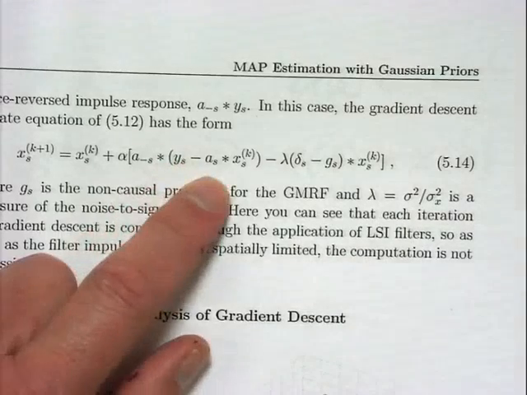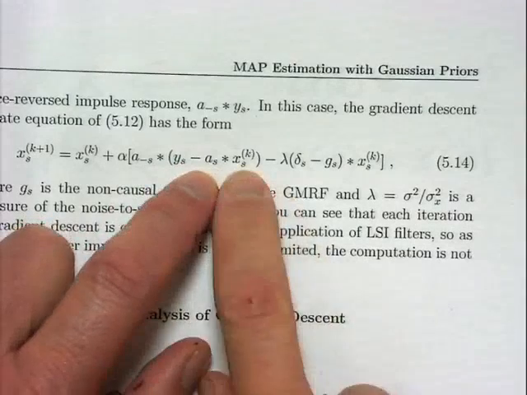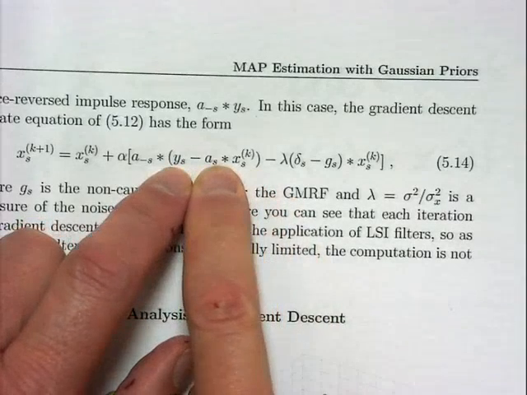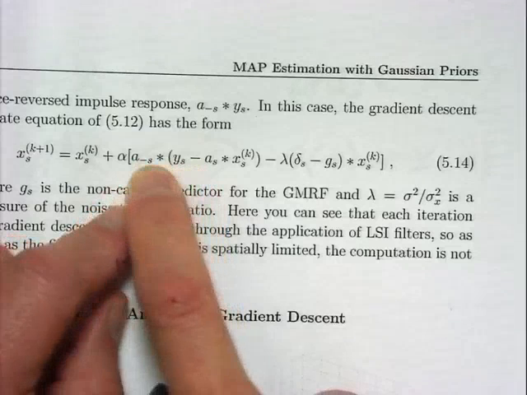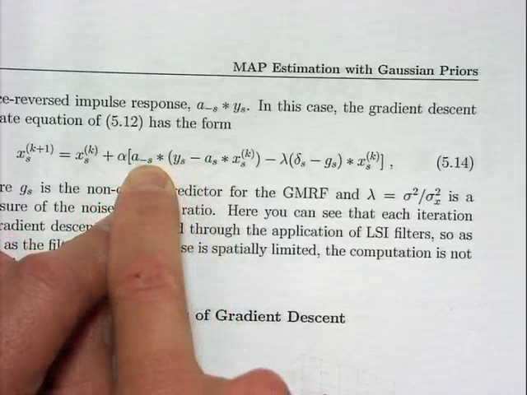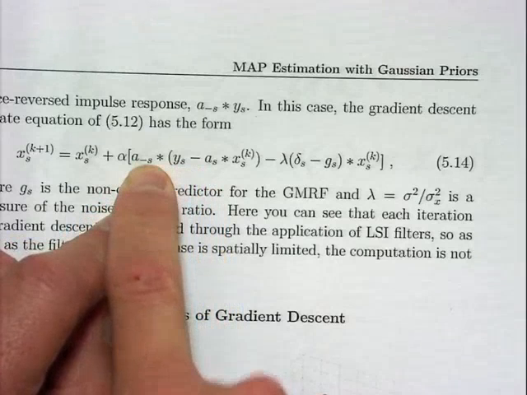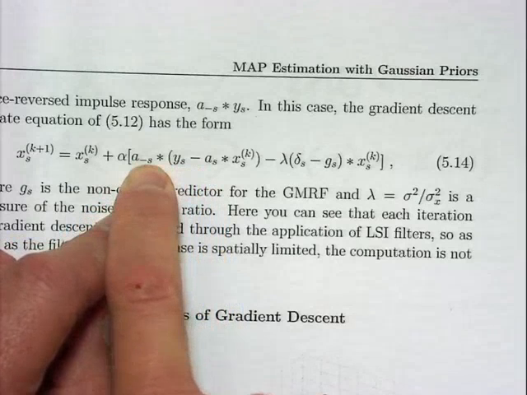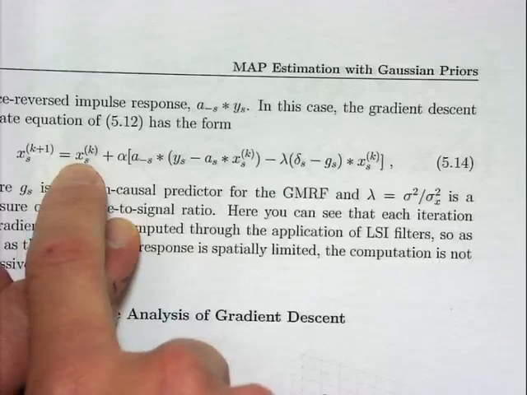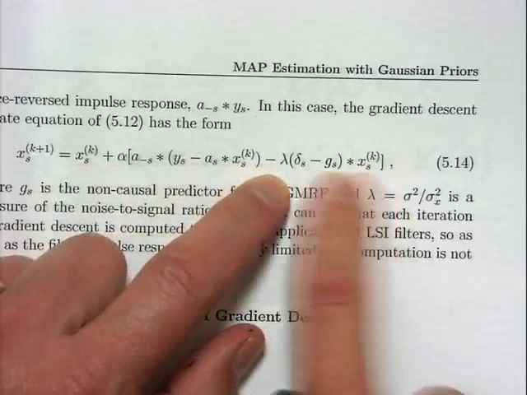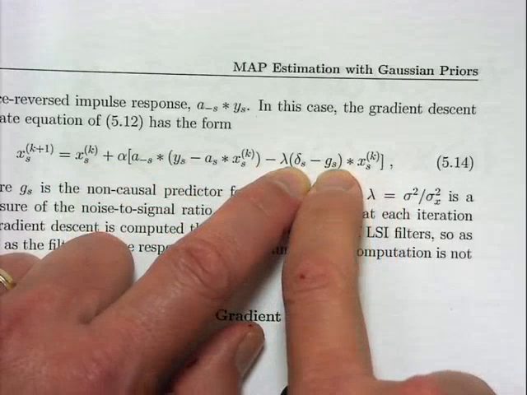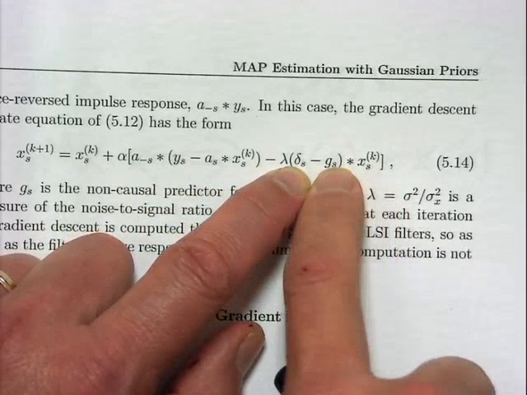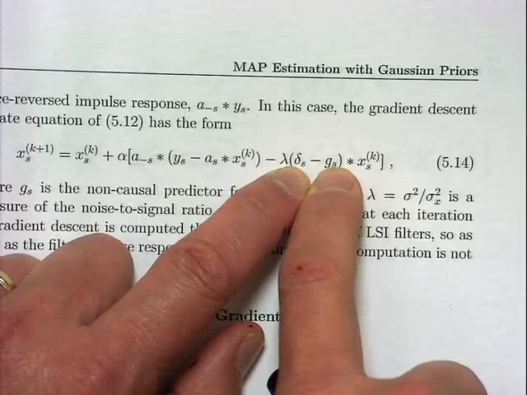So the intuition here is that you take x, you apply the filter, then you subtract it from y, then you apply the time reverse filter, or the space reverse filter, and you add it back. But you also have this term over here, which is like you take the pixel and subtract the prediction from its neighbor.